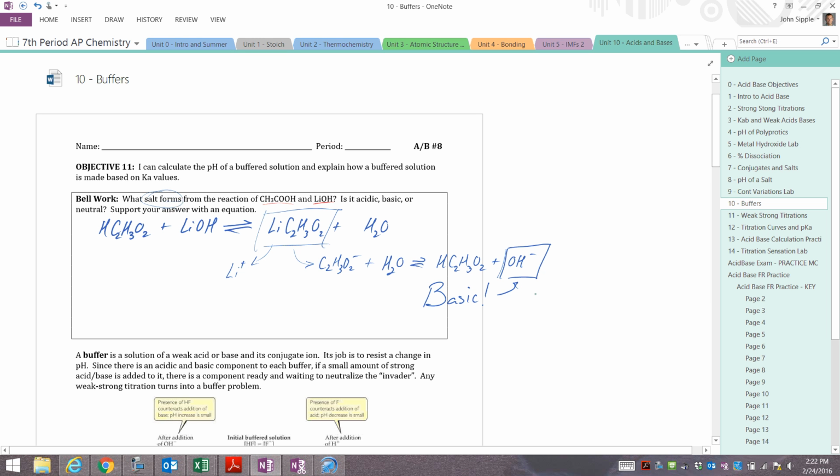Because you make OHs in solution from that particular weak base. The acetate ion is a weak base. It forms a weak acid, and we get OHs floating around in solution. So that solution would be basic. The mixture between acetic acid and lithium hydroxide would be slightly basic.